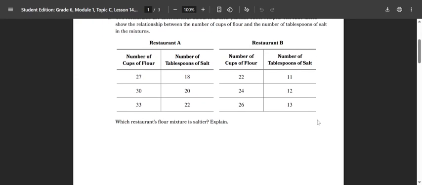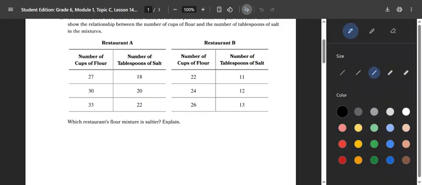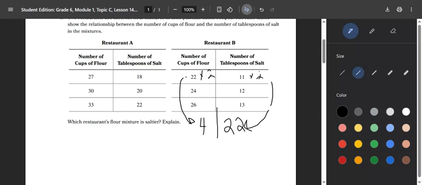So I'm just going to extend this table a little bit, and I'm going to multiply 11 by 2, and that's going to give me 22 tablespoons of salt. Then when I multiply 22 by 2, that ends up giving me 44 cups of flour.